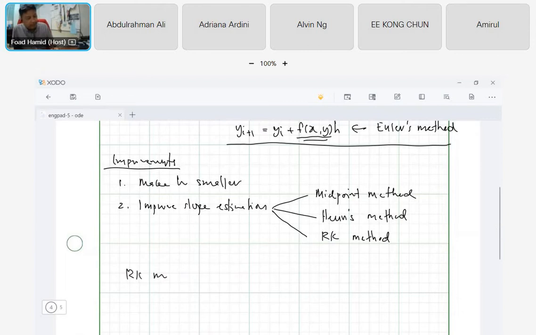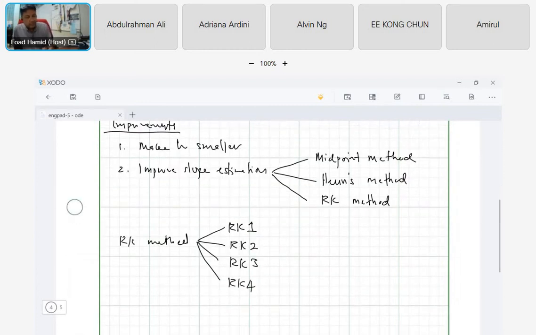And I think if you read your textbook, it says that in the RK method, we have discussed RK1, which is first order RK method, then RK2, and then RK3, and then RK4.